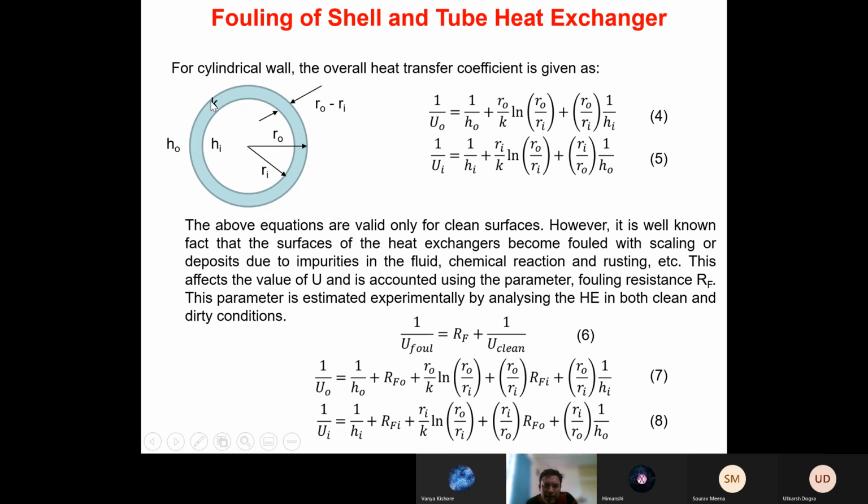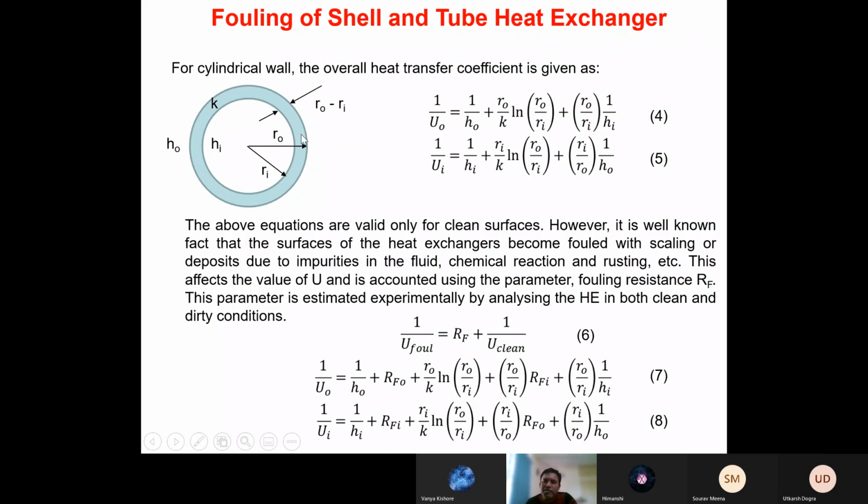So let's look at the cylindrical type of heat exchanger here. You can assume that this is a tube. H0 is the outside heat transfer coefficient, Hi is the inside heat transfer coefficient. This tube is made of a solid material, so thermal conductivity is K. Thickness of this tube is R0 minus Ri.